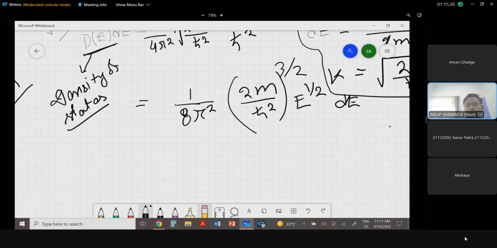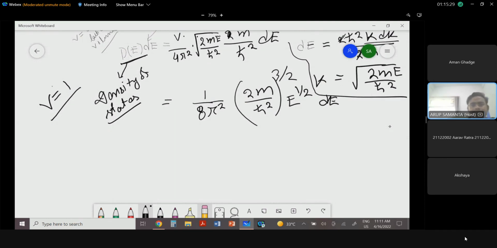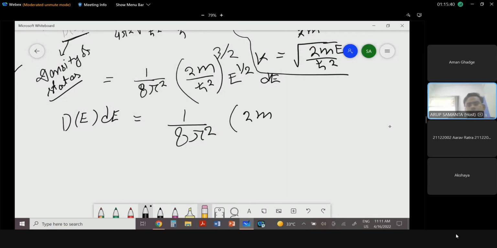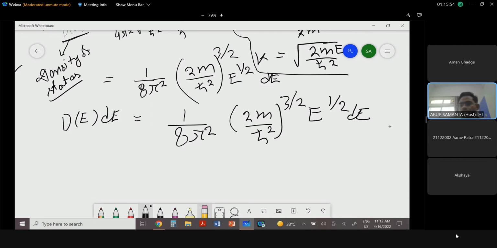So here you can find the density of states D equal to 1 over 8 pi square, 2m by h cut square whole to the power 3 by 2, E to the power half dE. This one we consider for k value. We know that each k value accommodates 2 electrons due to spin degeneracy.